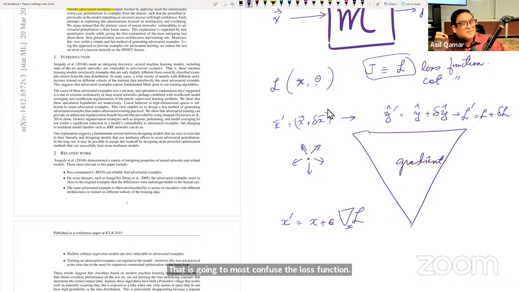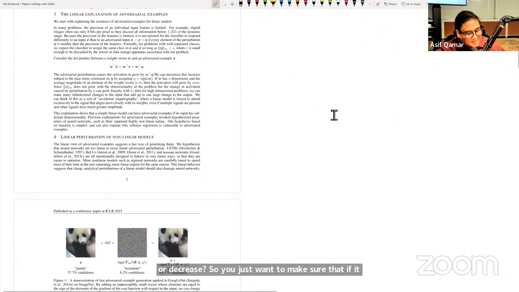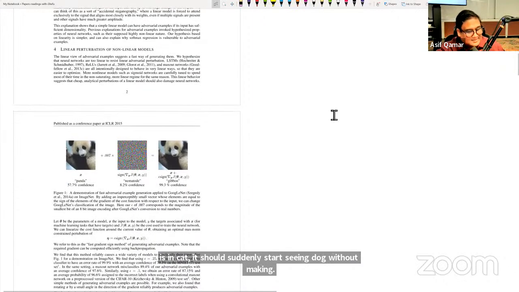Are we together? The model, because the loss function change would be the maximum. Now think about it. You want the probability to increase or decrease? Decrease, right? So you just want to make sure that if it is saying cat, it should suddenly start saying dog without making too much change. And that is the gist of the idea.